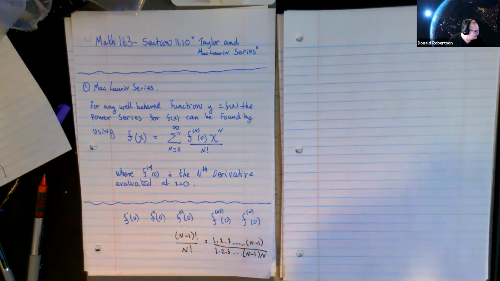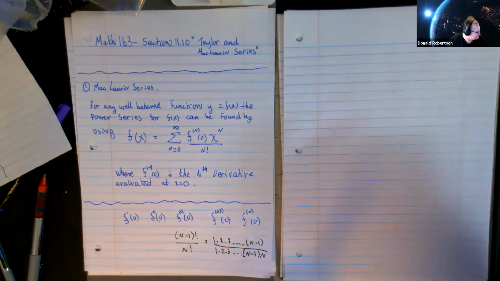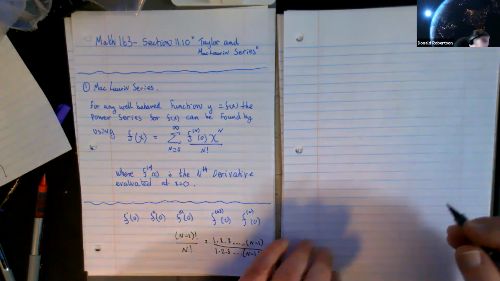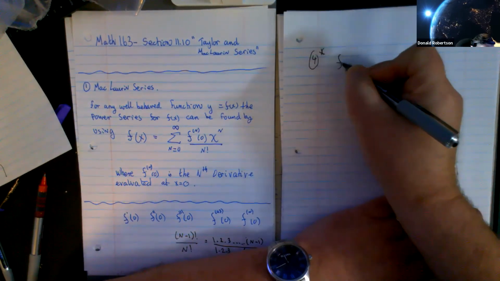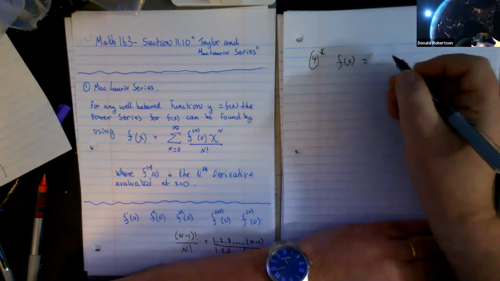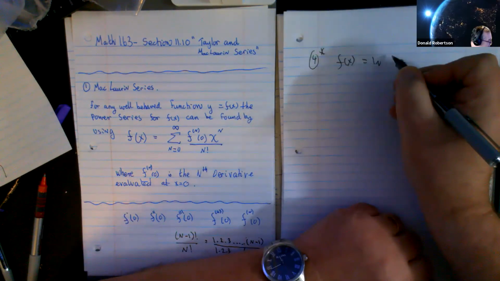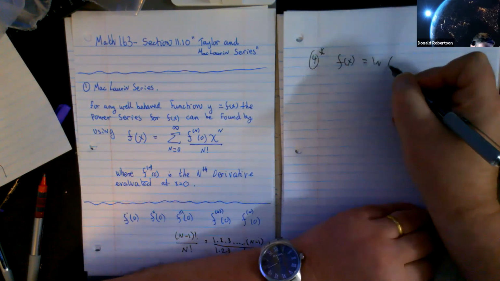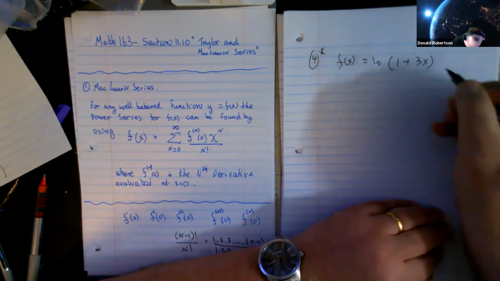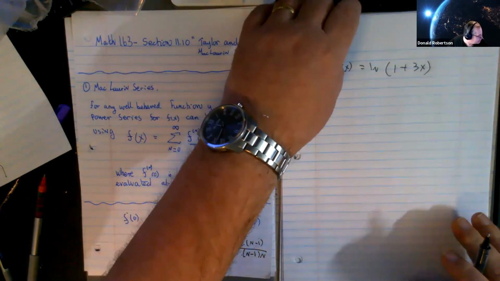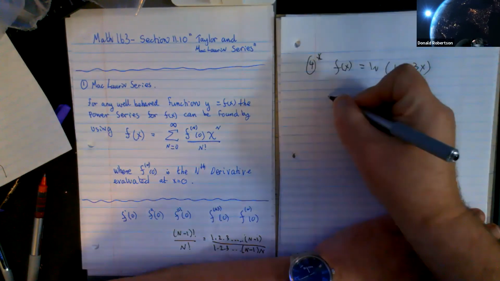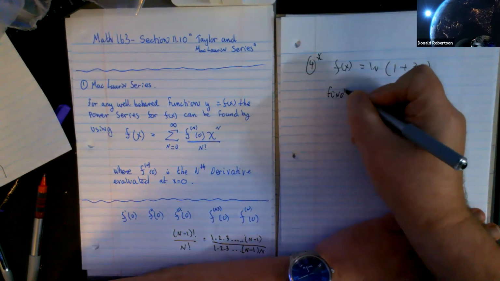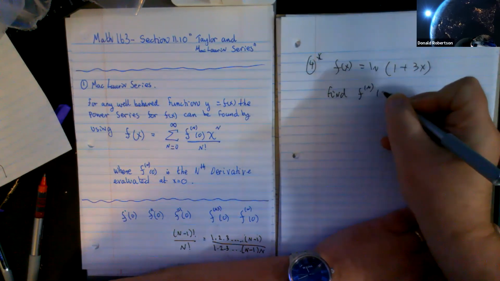Right, let's go. We've got another one I want to try out here. This one is question 4. Here is a function, the natural log of 1 plus 3x, and we're being asked to create the Maclaurin series for it. So in other words, we need to find a formula for the nth derivative at 0.